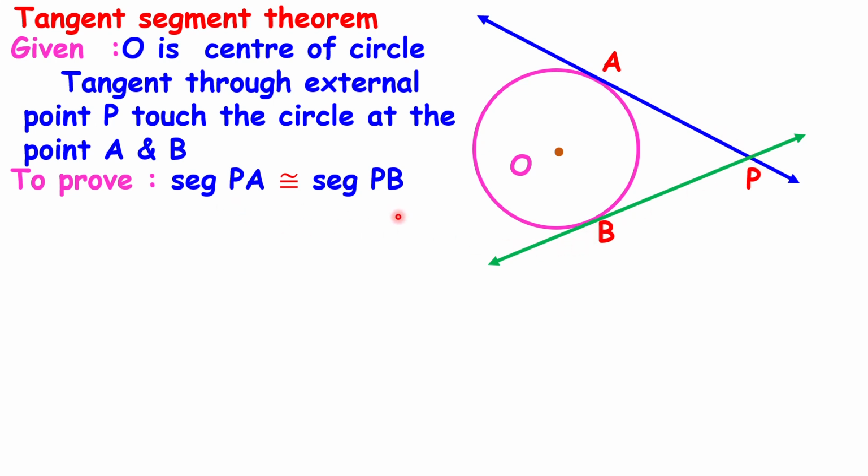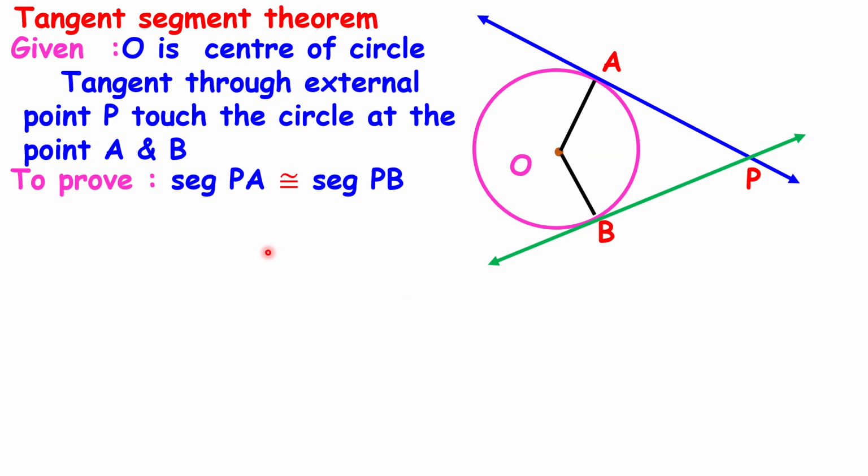When these two segments are congruent, that means the triangle with segment PA is congruent to triangle with segment PB. Therefore, we have to construct here, draw radius OA, radius OB, also segment OP. Then these two triangles we have to show congruent to each other.